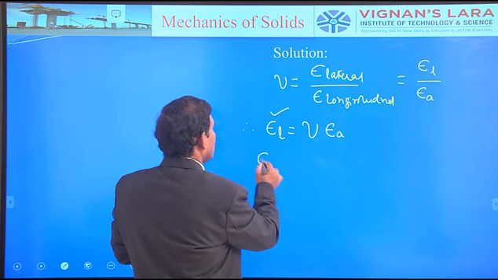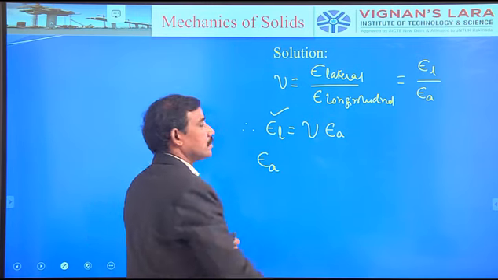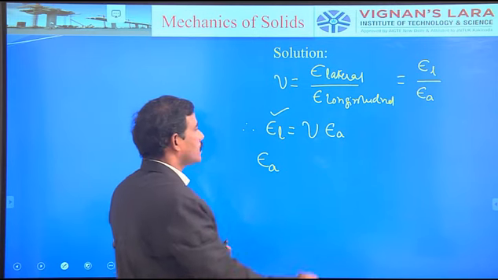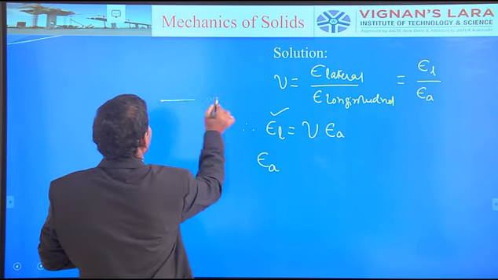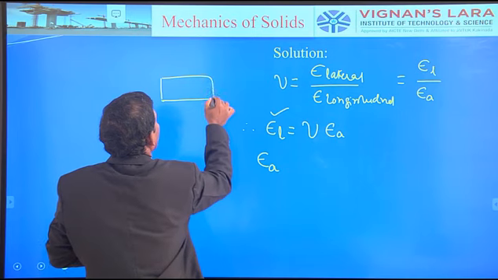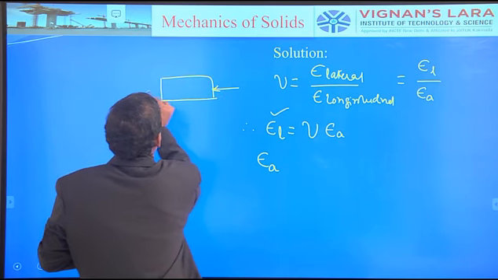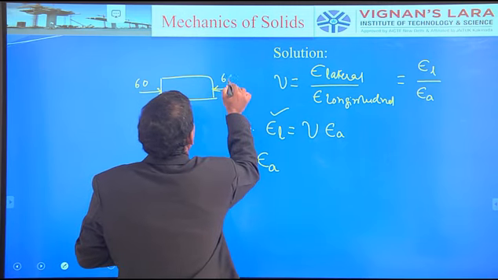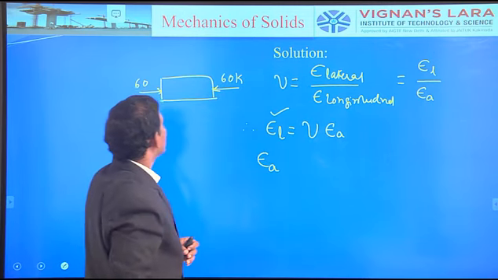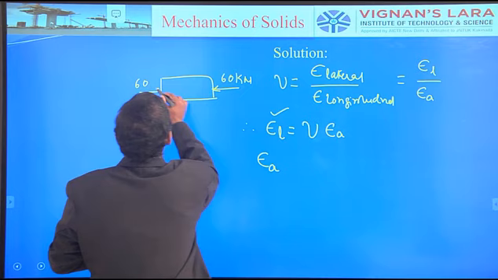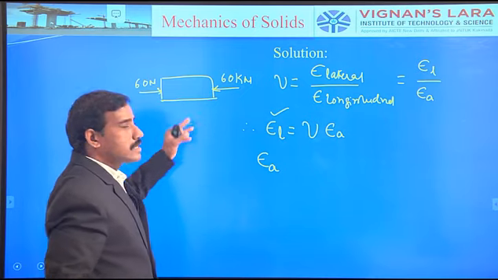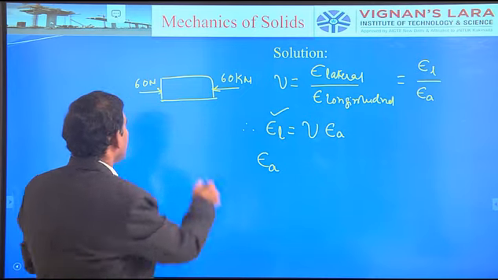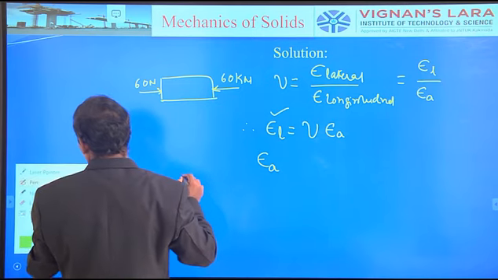Initially, calculate the longitudinal strain. This is a rectangular member subjected to an axial load of magnitude 60 kilonewtons. The strain caused by the compressive axial load results in a change in length, that is, a decrease in length.